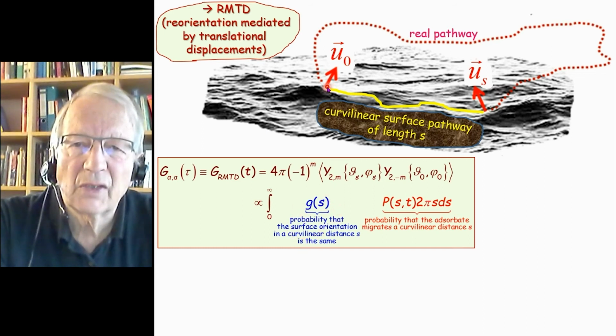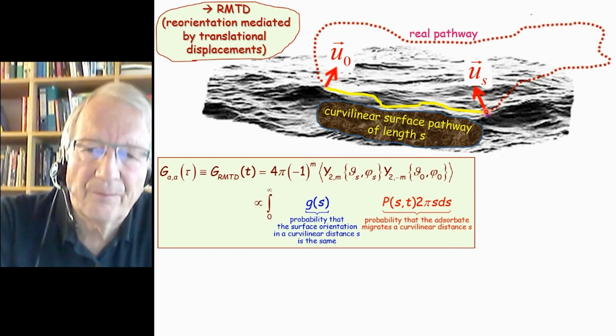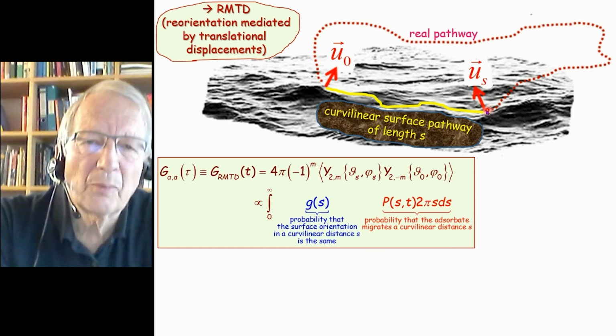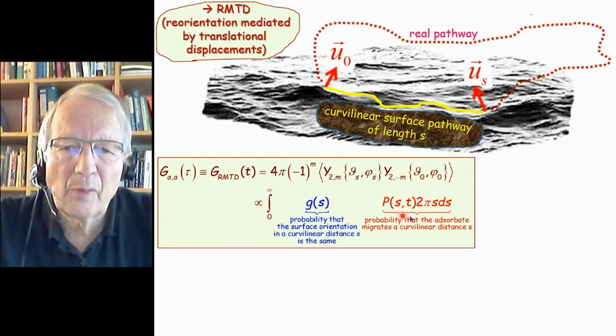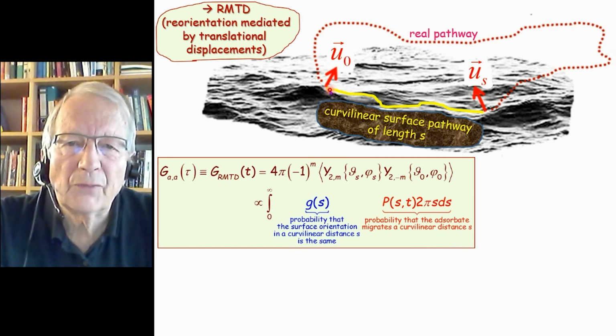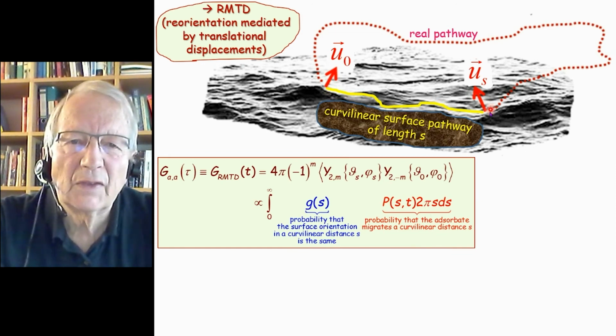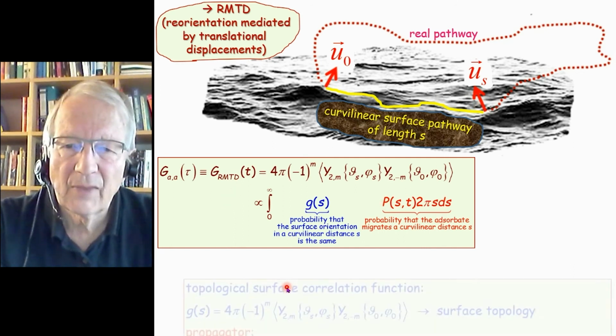It's a probability that the orientation of the surface from here and here is the same. So it's just a topological function. And this is a probability that the molecule will diffuse a curvilinear distance s from here to here. This is a correlation function.